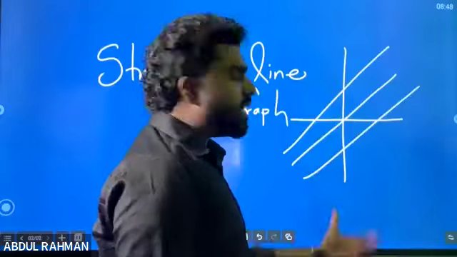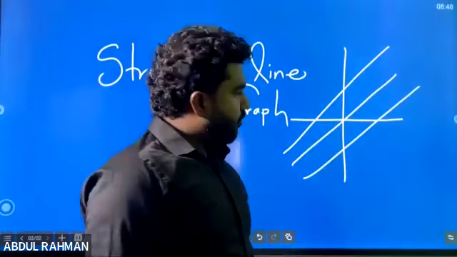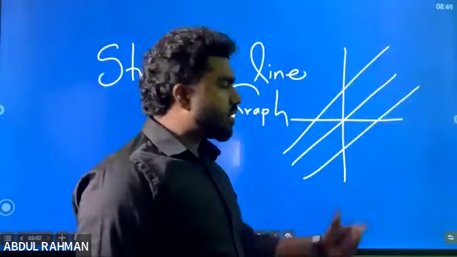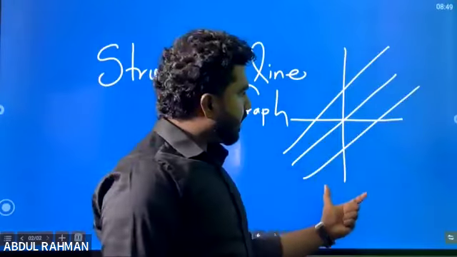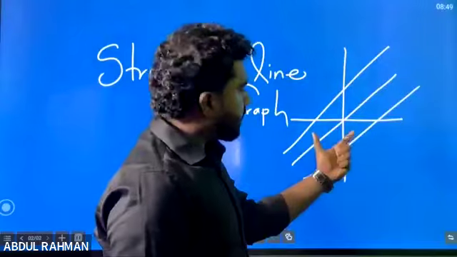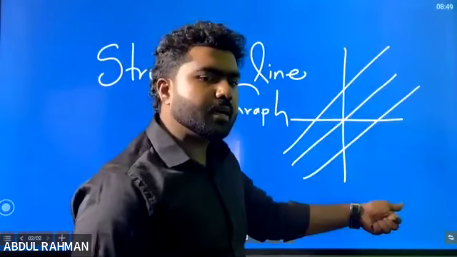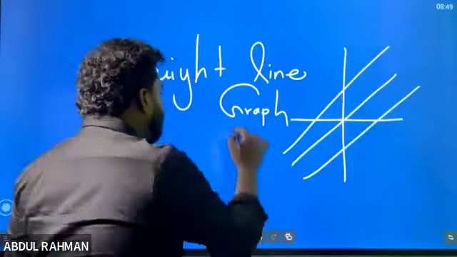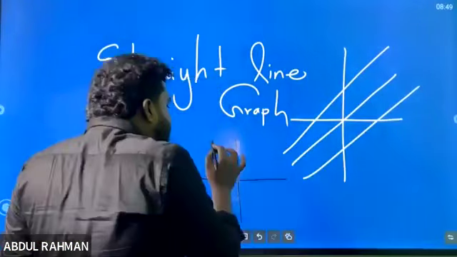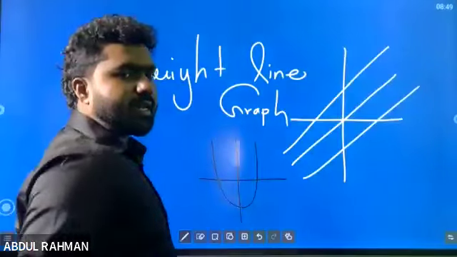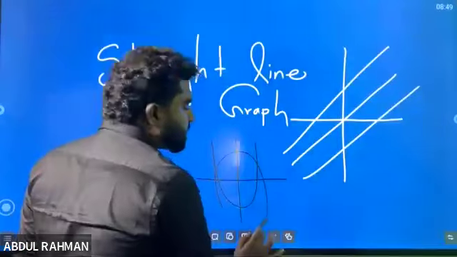For the grade 10 first term also, this was tested. For the grade 10 second term, this is going to be eliminated and you're going to get a graph which looks like a curve, like this, or like this.